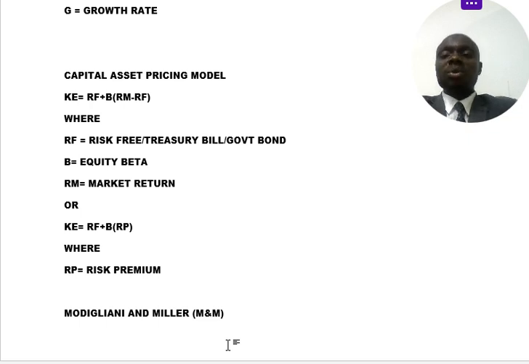There is no difference between the dividend and capital gains, which is very wrong because there is a difference between dividend and capital gains, right? So this is what Modigliani and Miller is saying. It's saying that everything is perfect. There is a perfect market. It does not believe in the dividend policy. So when we get to adjusted present value, we are going to dissect this and explain more of Modigliani and Miller.